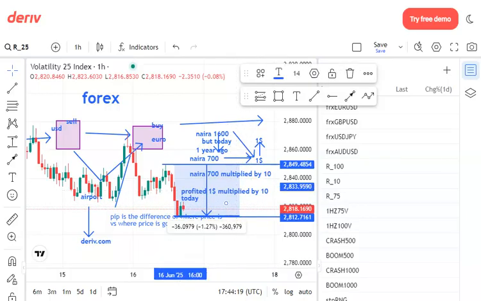Let's say you bought $10 worth at 700 naira each. I'm doing my calculation; you can also do your calculation in your houses. 700 naira times 10 was 7,000 naira.